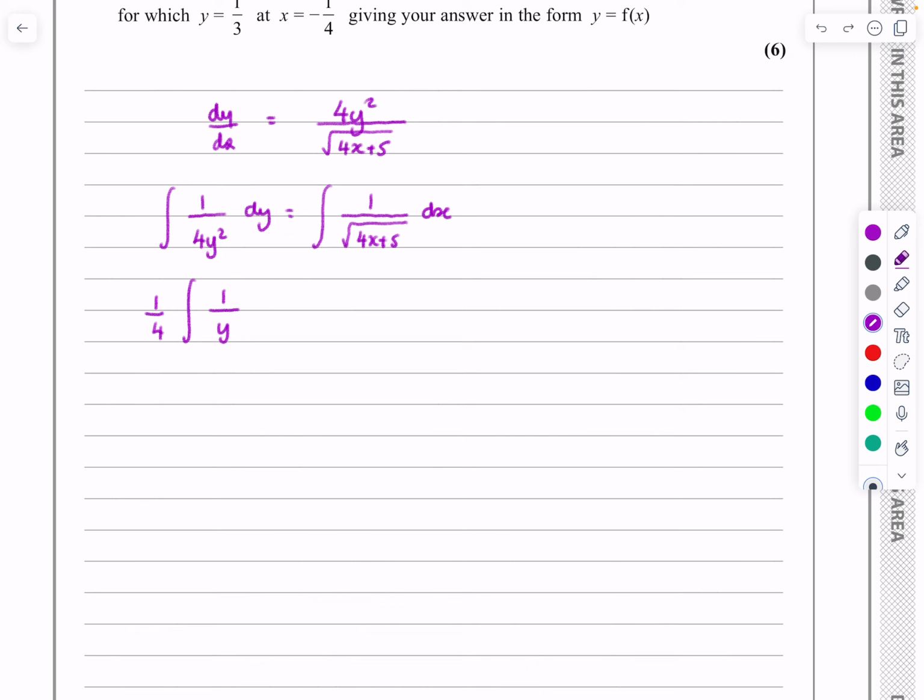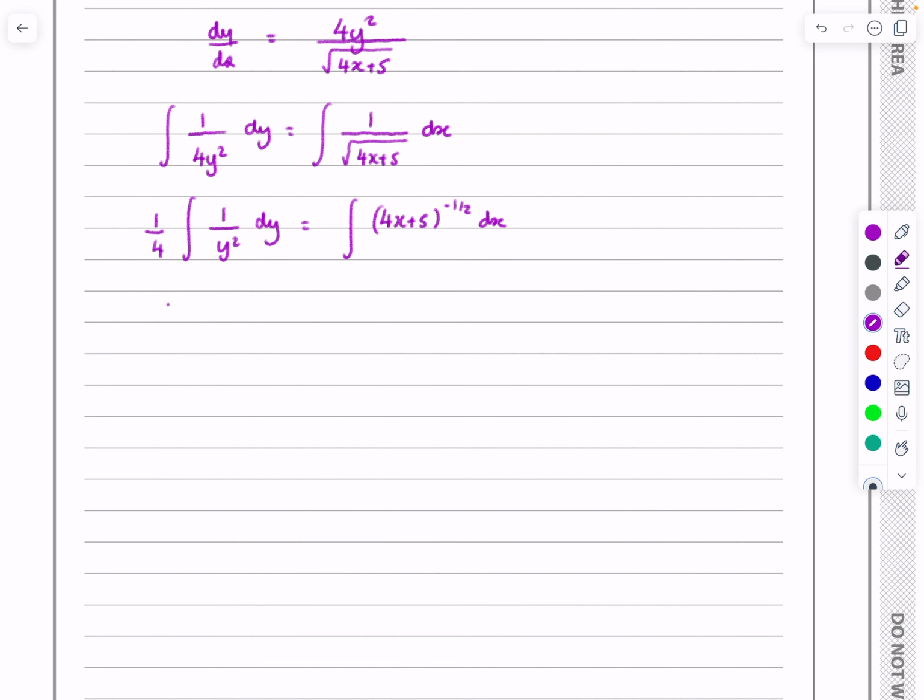It doesn't matter where this value is here. dy is going to be equal to, just tidying this other bit up, I'd call it 4x plus 5 to the minus half dx. And even with the y squared, I'd now call that the integral of y to the minus 2 dy is equal to the integral of 4x plus 5 to the minus a half dx.